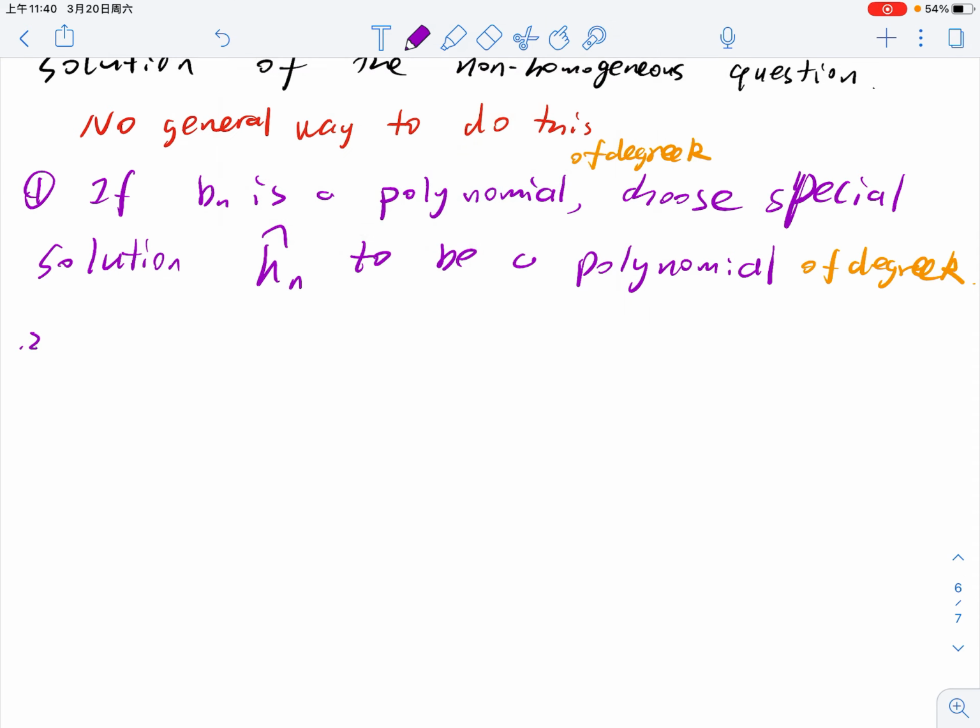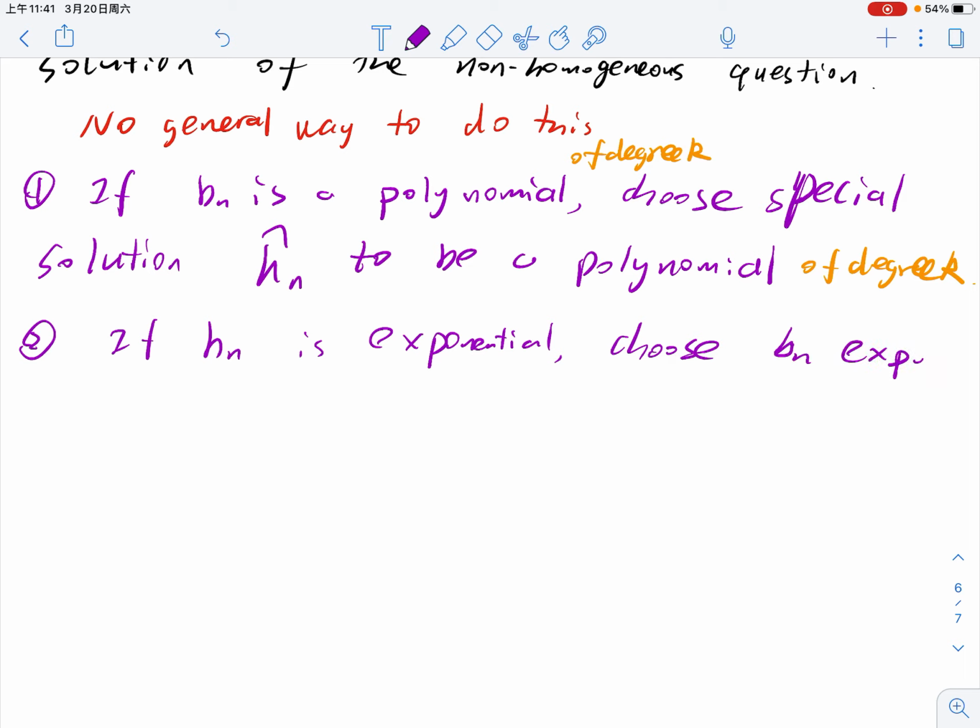And secondly, if Bn is exponential, choose Bn also to be exponential.